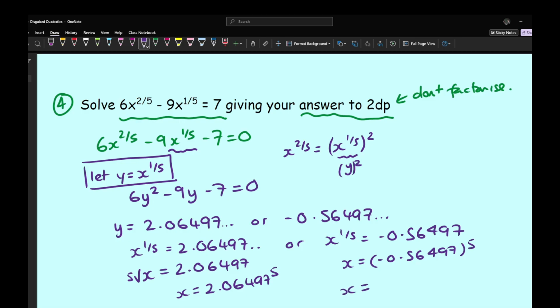Giving my answers to both of those, 2.06497 to the power of 5 gives me an answer of 37.55, or if I enter minus 0.56497 to the power of 5 it gives me an answer of minus 0.06, and each of those answers are to 2 decimal places as requested in the question.